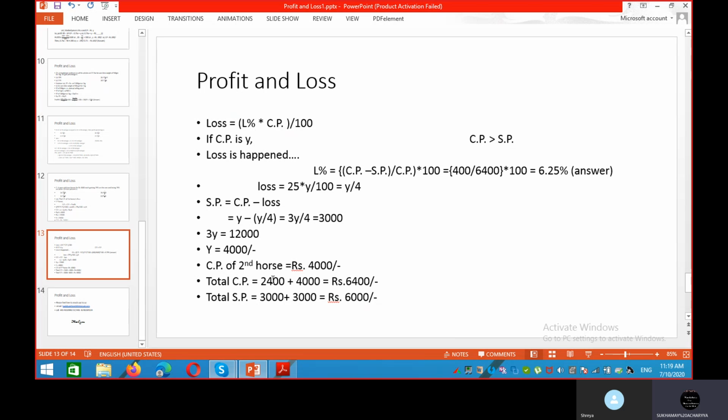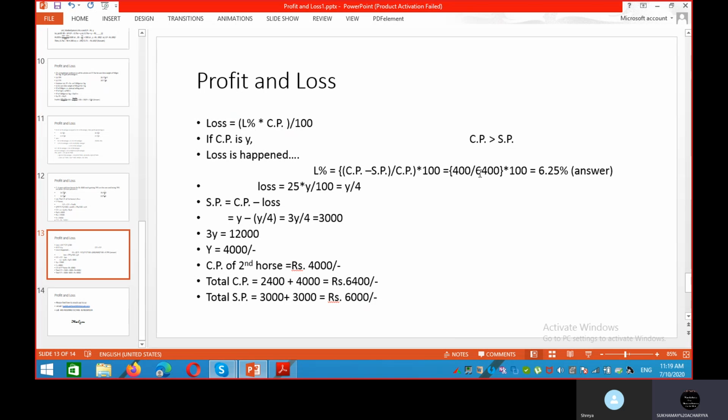So total CP is 2,400 plus 4,000, which is 6,400, and total SP is 3,000 plus 3,000, which is rupees 6,000. So here CP is greater than SP, so a loss has happened. Loss percentage is (CP minus SP) by CP into 100, which is 400 by 6,400 into 100.